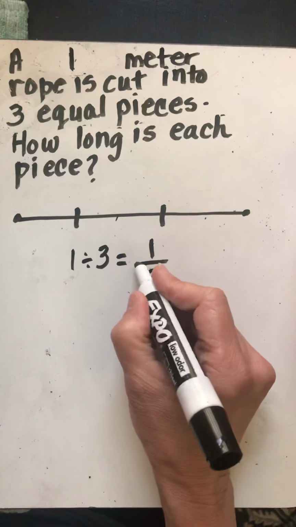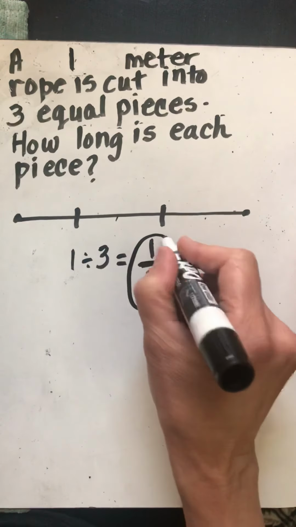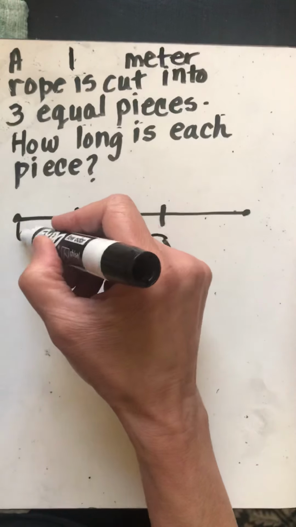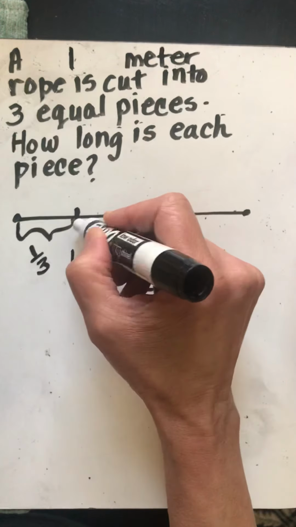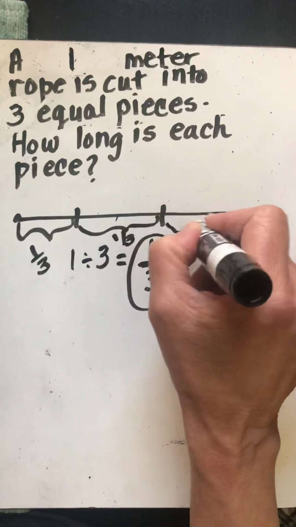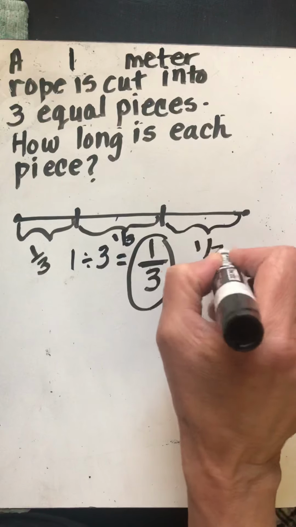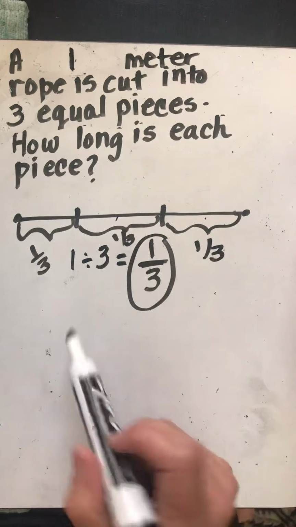You know that this line is a divided by line, right? So your answer is 1/3. Each one of these is equal to 1/3 meters. 1/3 meters, right here, 1/3 meters and 1/3. Each one is equal to 1/3.